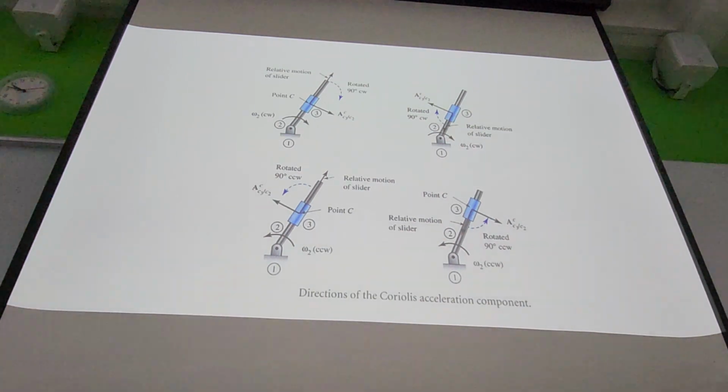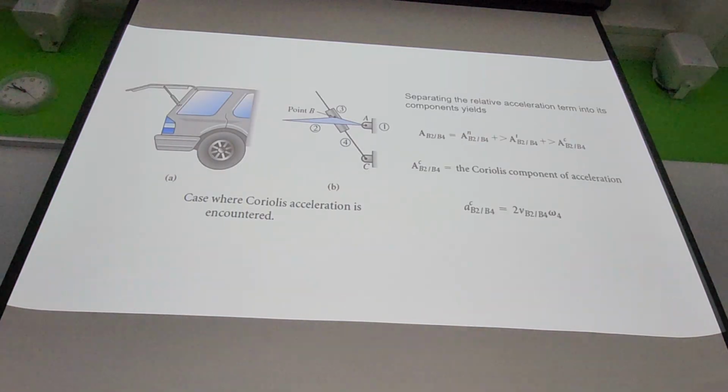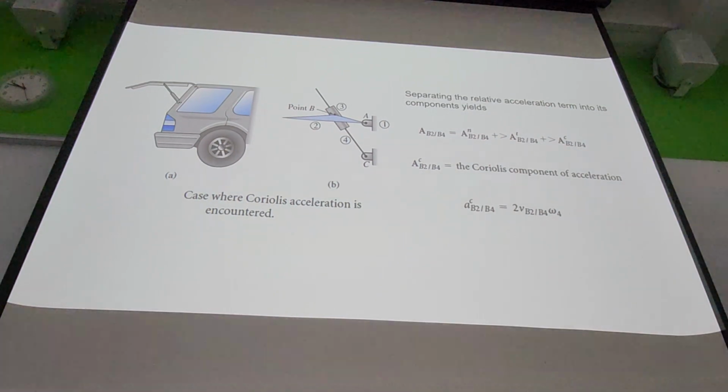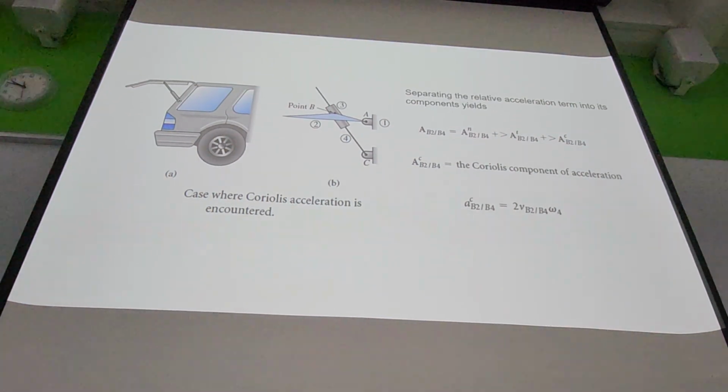Now we need to know how to calculate the magnitude. So the directions we can fix for the Coriolis acceleration. The magnitude of Coriolis acceleration, let us say in this case for point B on link 2 and link 4.